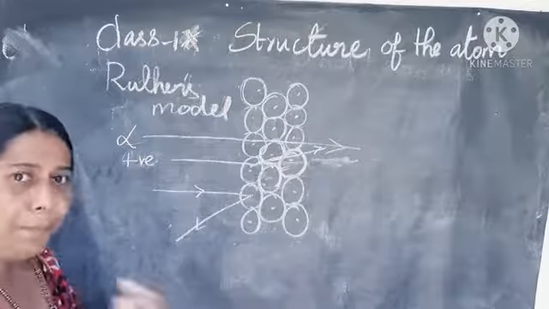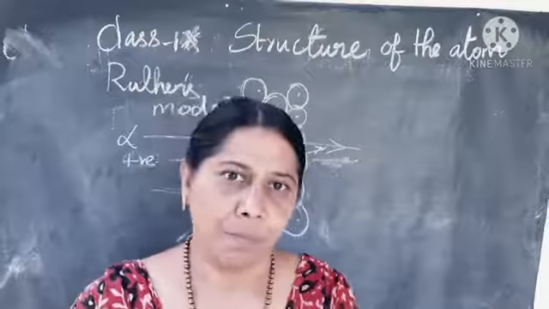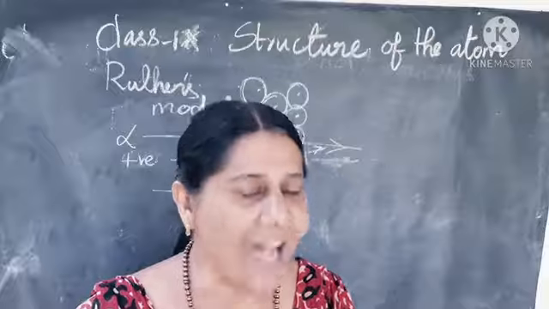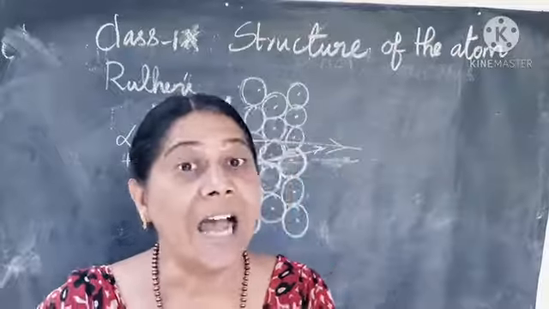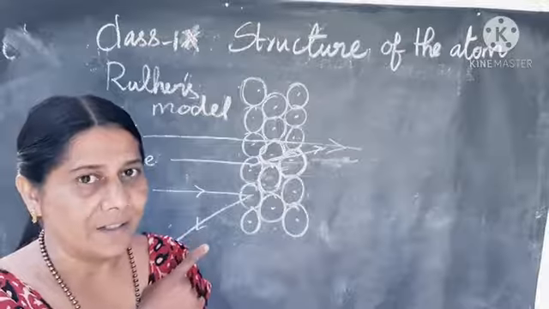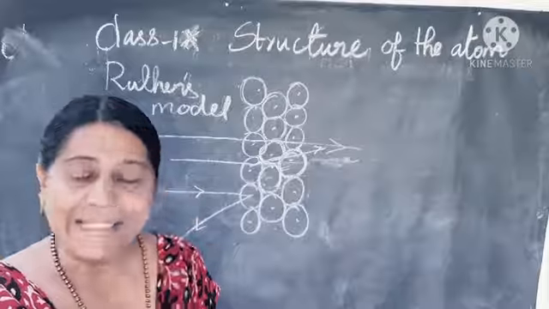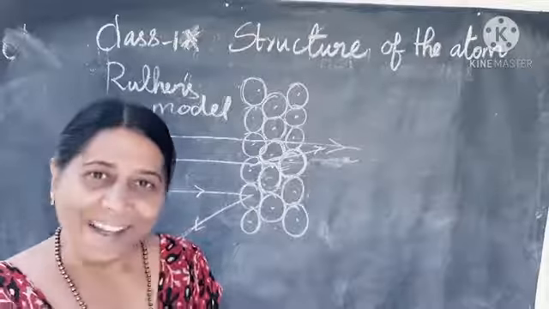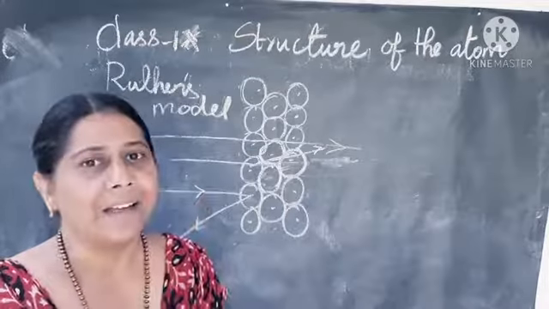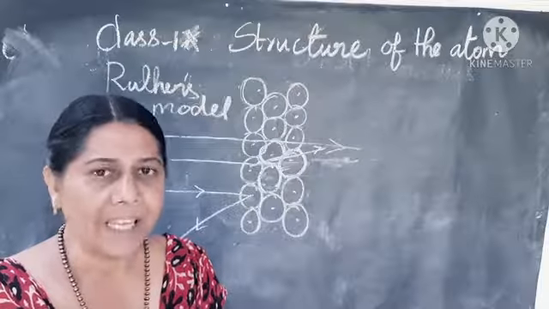So he brought out his postulates. Our alpha ray scattering experiment states that protons are present at the center of the atom, electrons are present at the outer part of the atom.